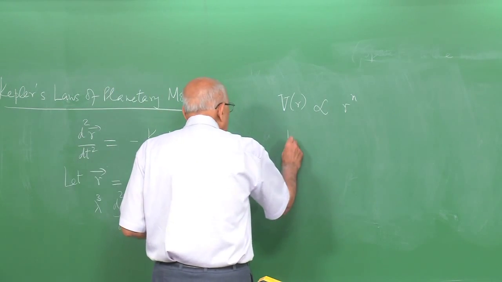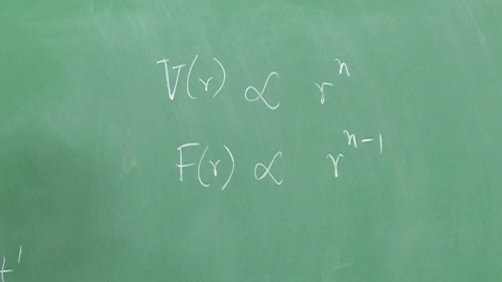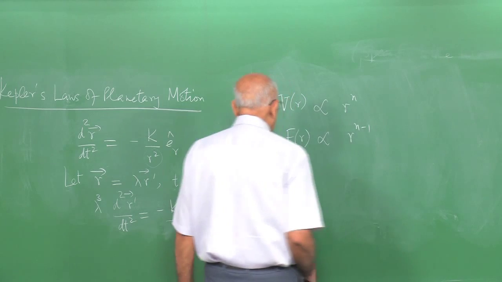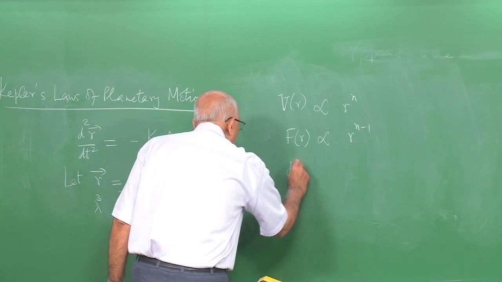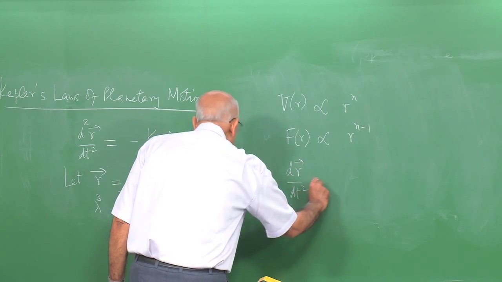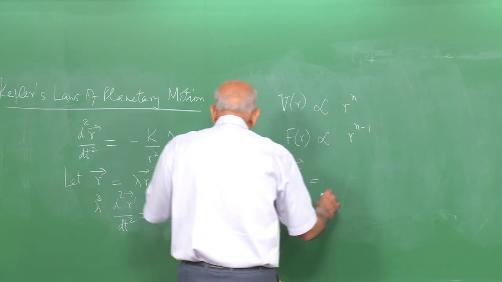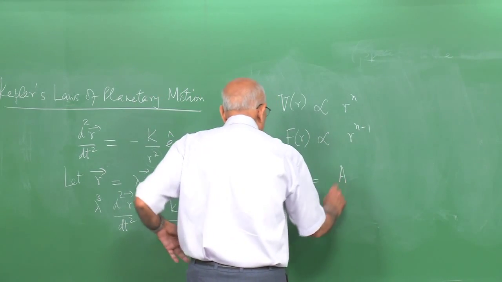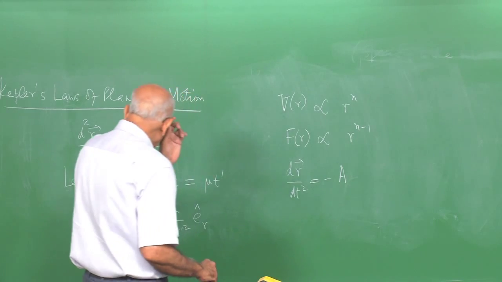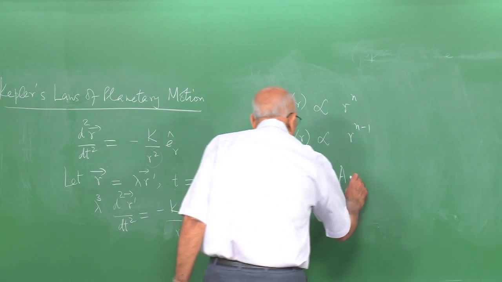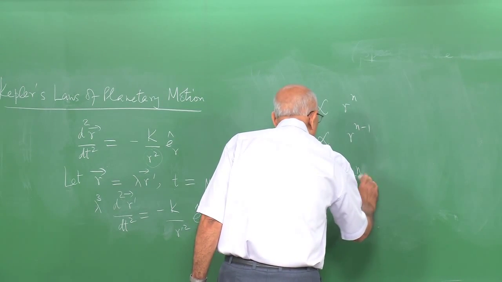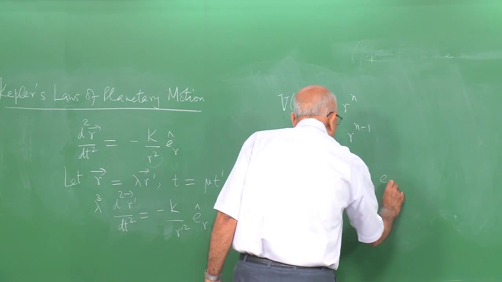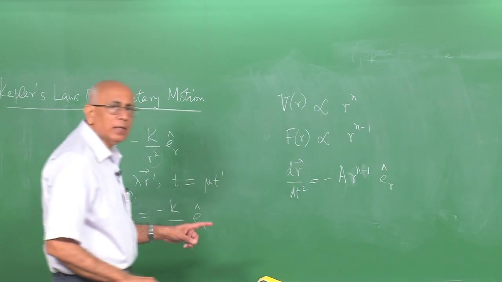Then the force F of r is proportional to the derivative of this potential, so it's proportional to r to the power n minus 1. So d2r over dt2 is equal to some other constant, let's call it a, and if it's attractive, it's got to be with a minus sign, times r to the n minus 1 times e sub r. And I do the same trick as before.